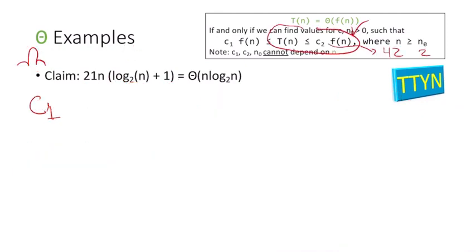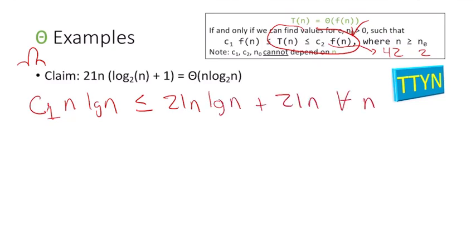So we'll have C1 on the lower bound. C1 times n log n is less than or equal to 21n log n plus 21n for all values of n greater than or equal to n naught. And if we end up with an n naught greater than 2, we'll use that one. If we end up with an n naught less than 2, then we'll just stick with our original 2 that we had from the big O proof, the upper bound proof.